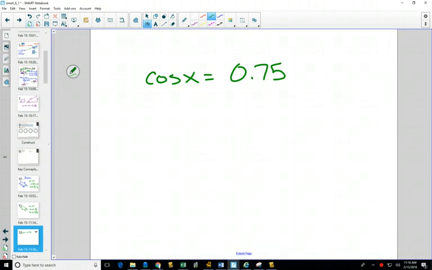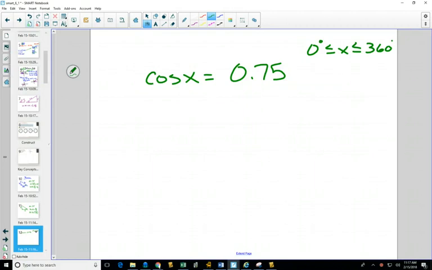How do we figure out what x is? And in grade 11, they would have also given you some sort of domain to work with.